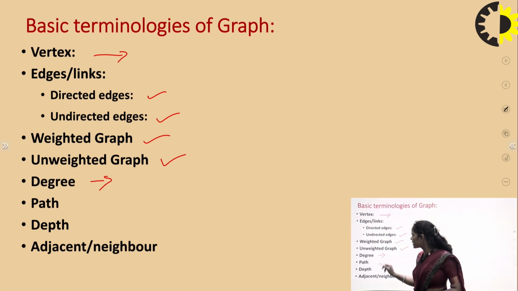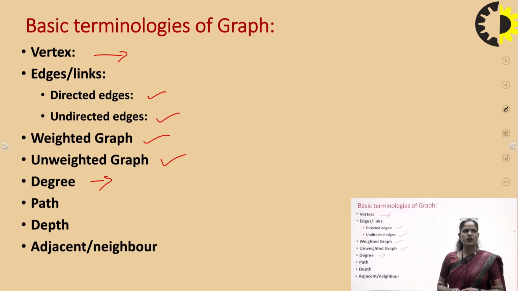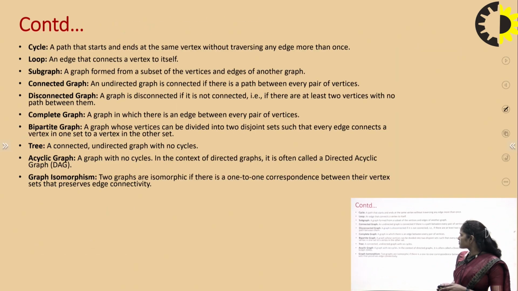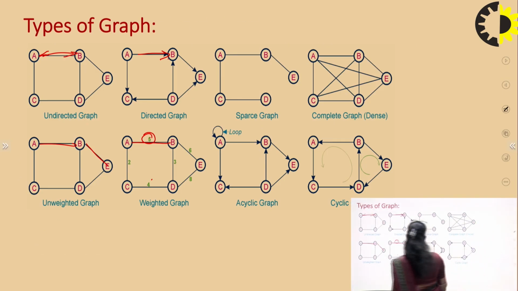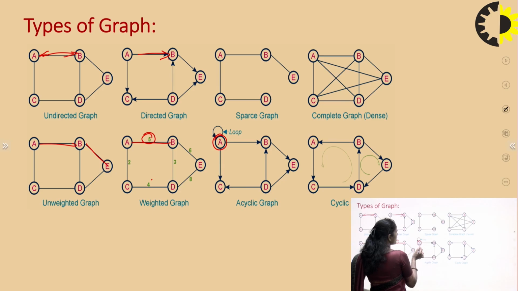Next, we will consider degree. Degree is a calculation for a particular vertex. That means how many edges go out and come inside. Let's suppose in this particular graph, the degree of A is 1, 2 and 3.